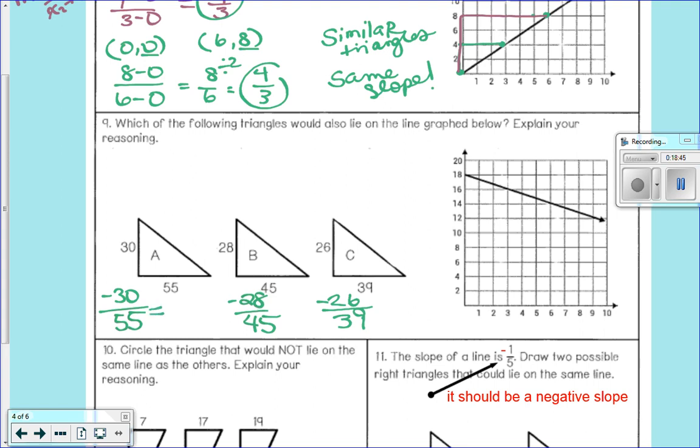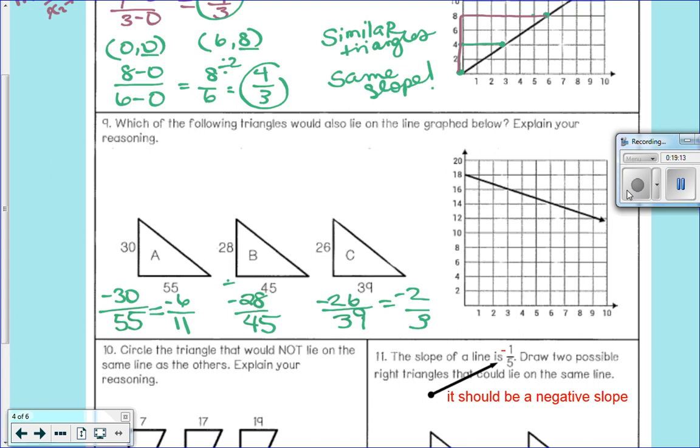And triangle A simplified to -6/11. And what about triangle B? Not this one. Which I'll get 4, 5. Awesome.